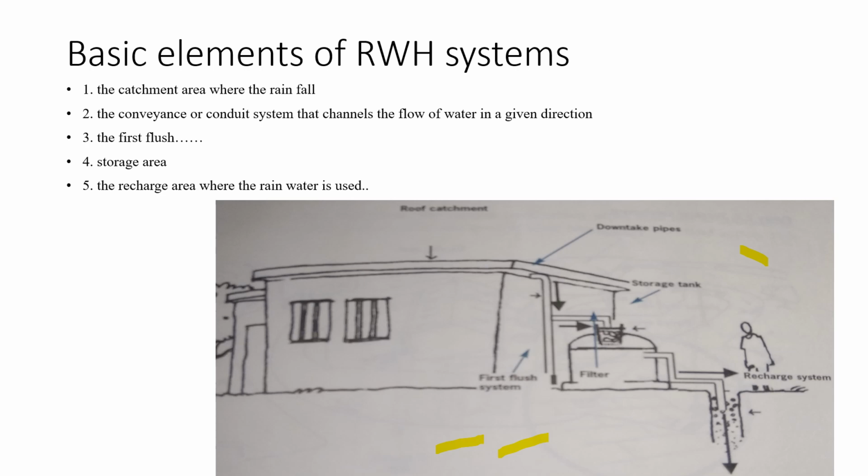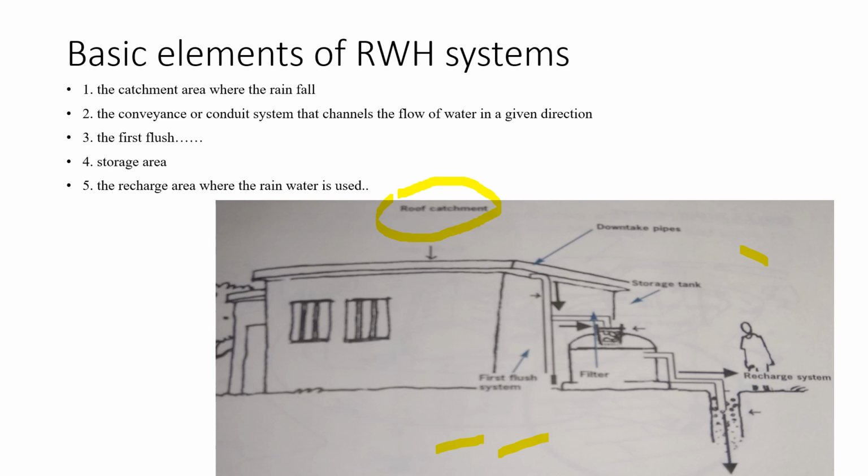Number one, the catchment area where the rain falls. Here I have mentioned the roof catchment area where the rain falls. Number two, the conveyance or conduit system that channels the flow of water into a given direction.